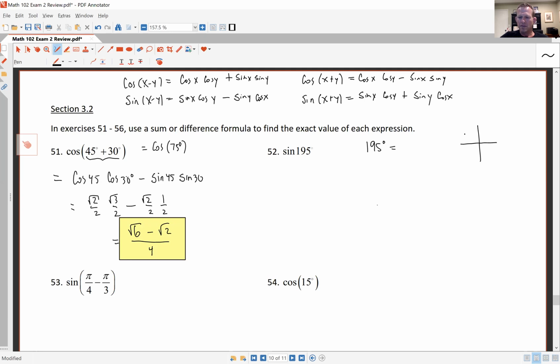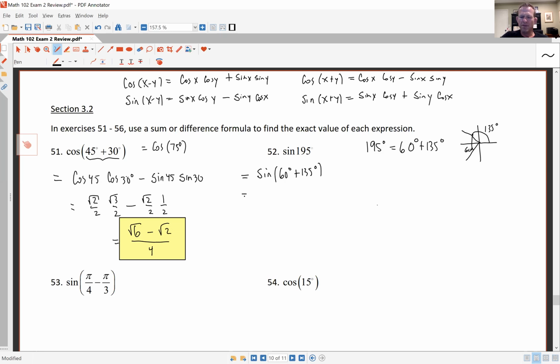And so I thought of this as 135 degrees, and then another 60 degrees after that. So I thought of this as 60 plus 135.